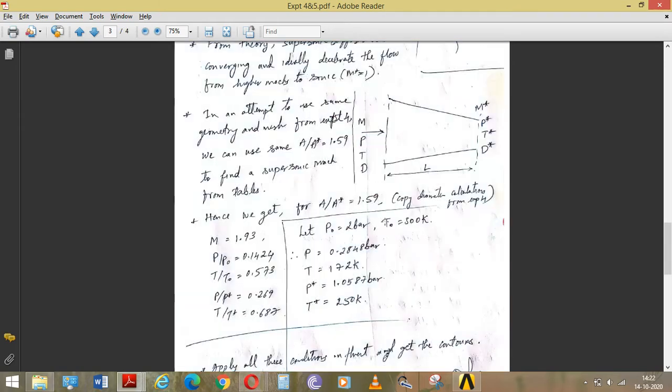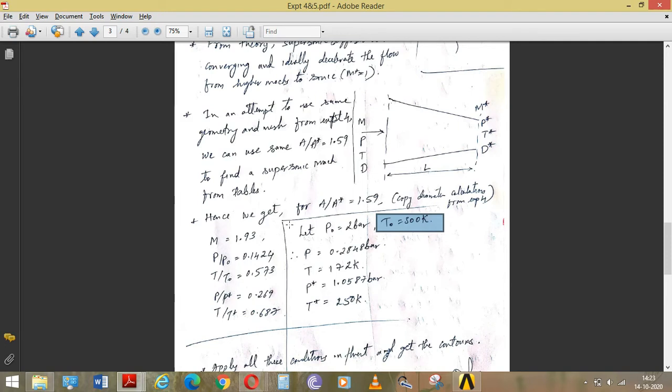And in thermal, we have to put total temperature 300 Kelvin. Only these three values we put in the inlet conditions. For outlet conditions, we put P star, that is this, and the backflow total temperature. Again, total temperature will be constant, that is 300 Kelvin. If you put these values, you will get the required contours.